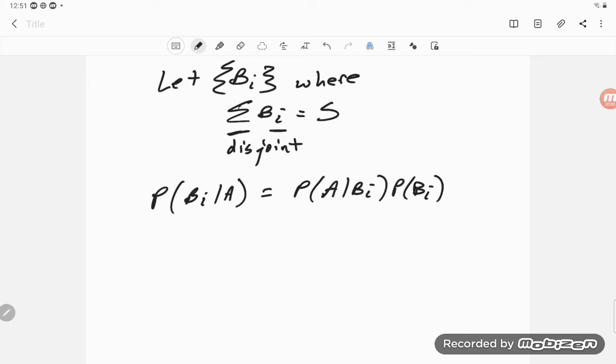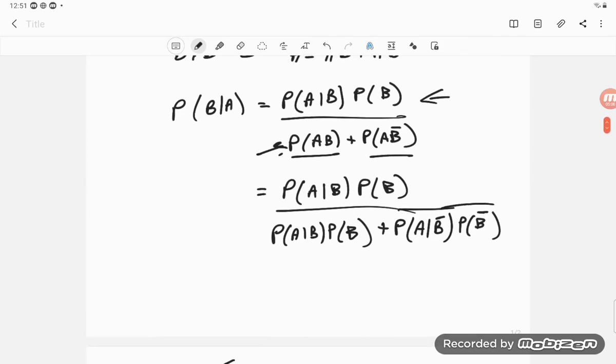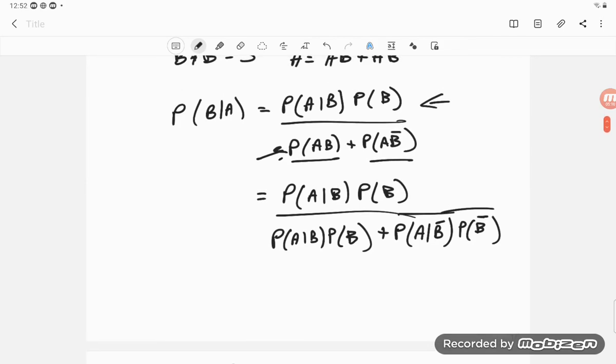And so if you look back here, this B i is kind of taking the place of B that we had up here. And then you see, this would be A given B i here, like this.